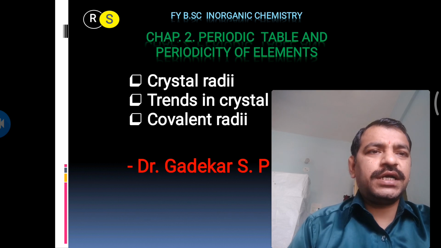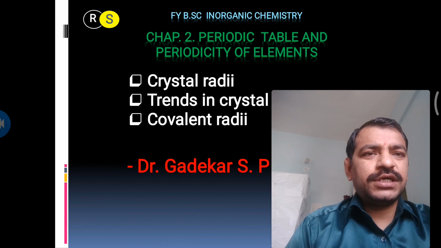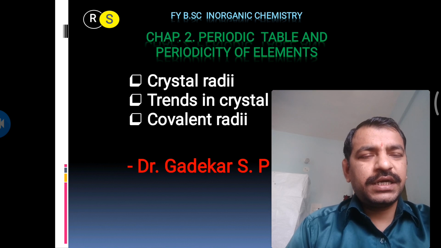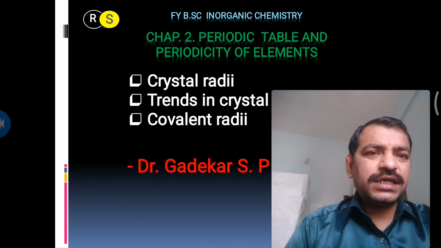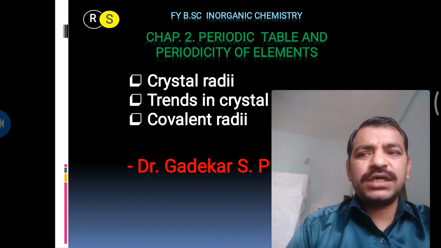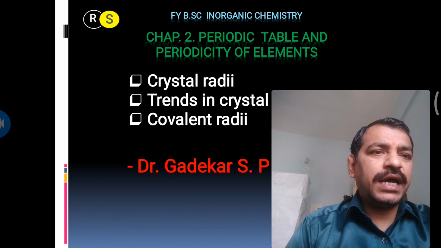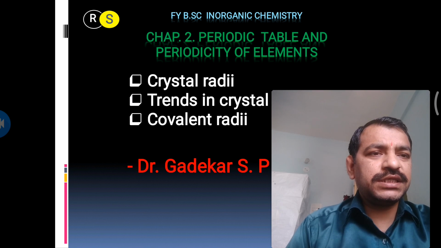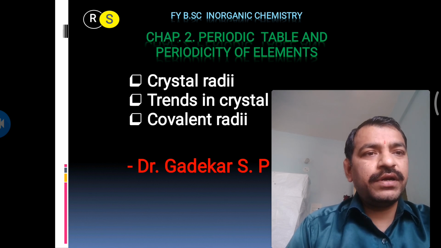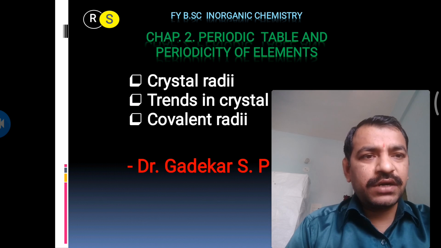Today we will discuss crystal radii, trends in crystal radii, and covalent radii. Last lecture we discussed atomic and ionic radii, in which we covered covalent radii, ionic radii, metallic radii, and van der Waals radii.